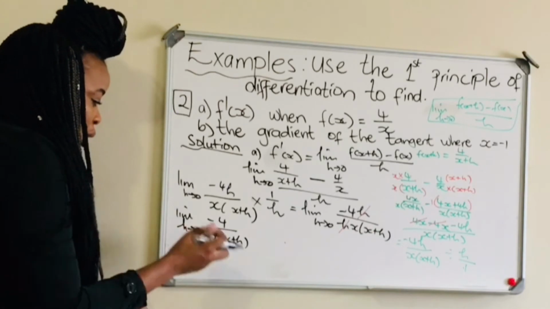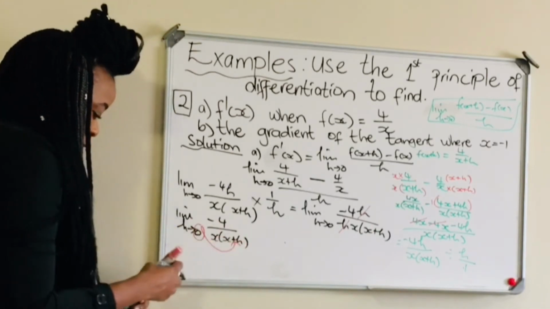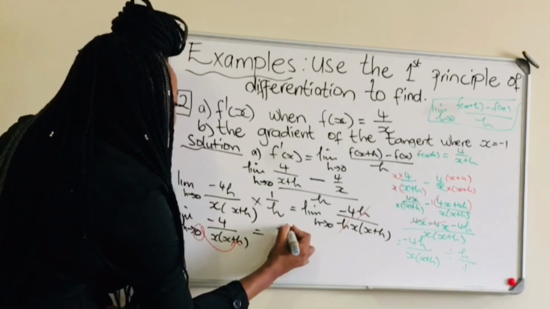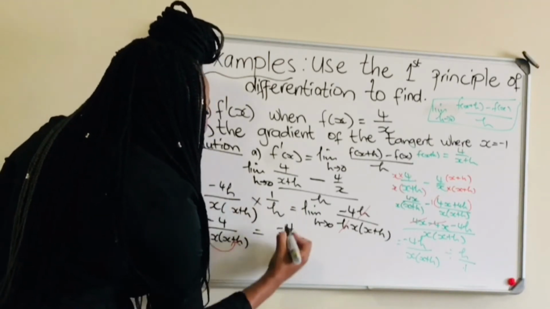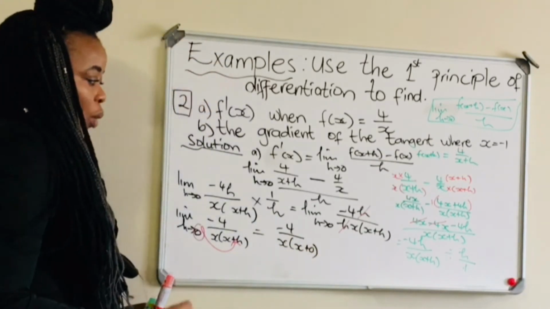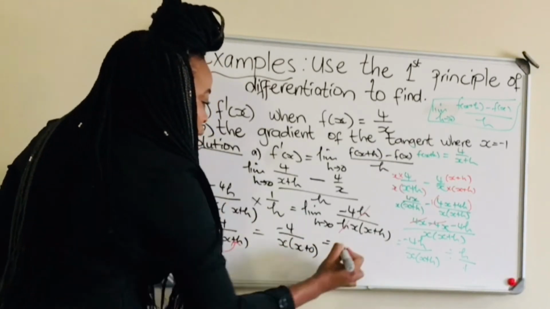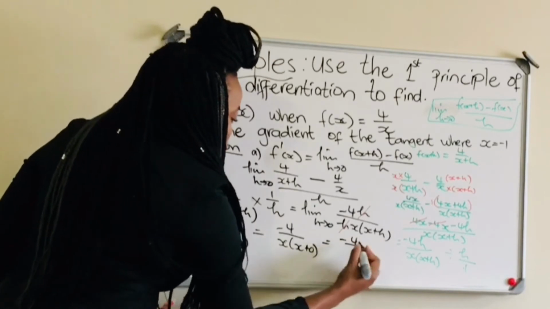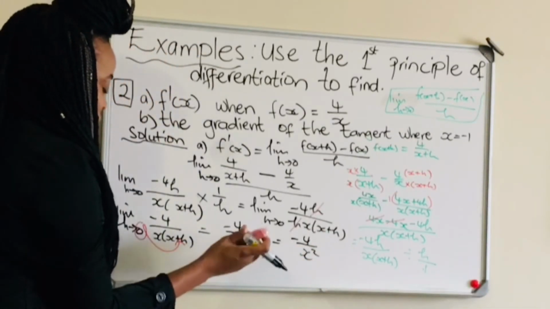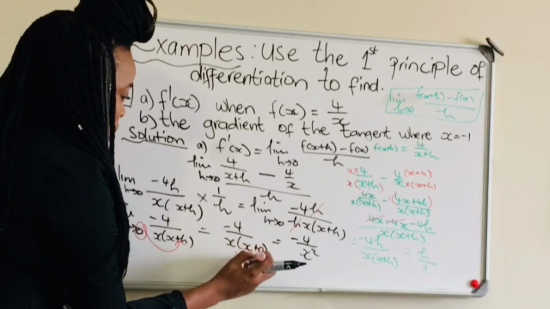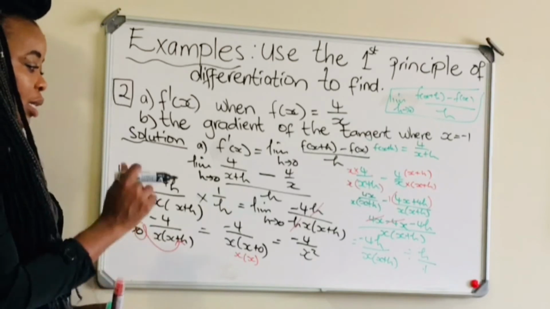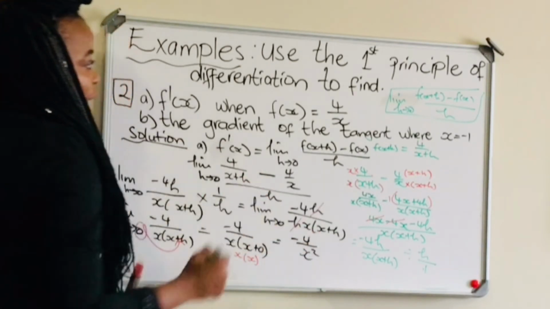I put this 0 where I see the h, and then I remove the limit, and I have negative 4 over x times x plus 0. That is going to be negative 4 over x squared, because this is plus nothing, this is just x times x, so x squared.